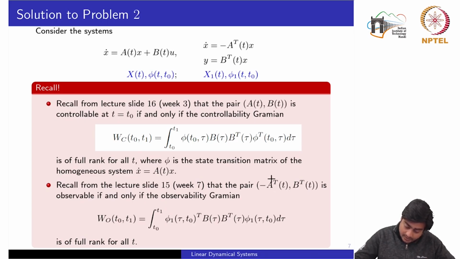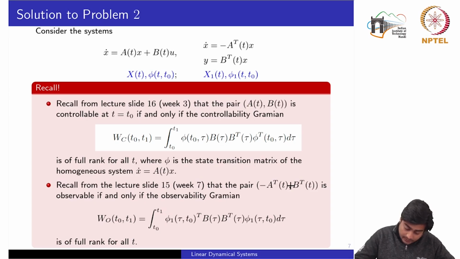For observability, since these are the state and output matrices, we have directly written the Gramian in terms of this pair, which is supposed to be full rank if we want to ensure the observability of this pair.